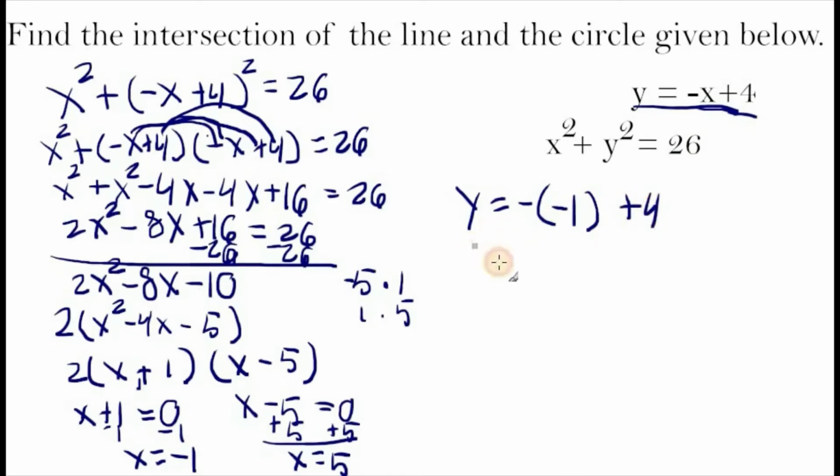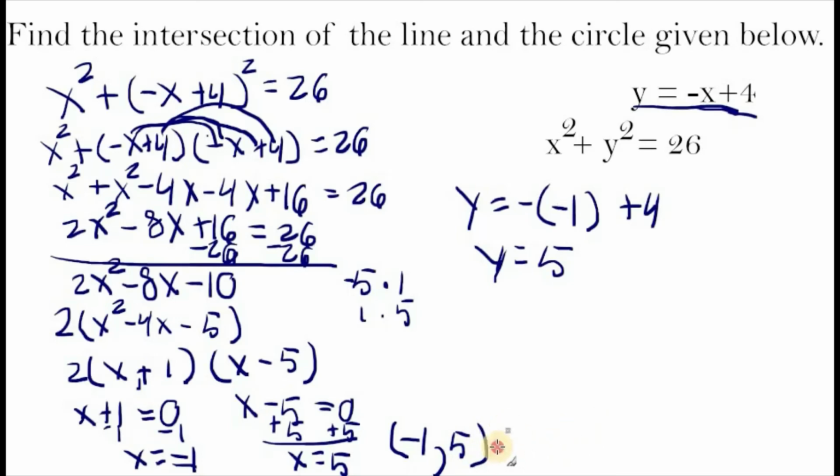Now we'll go through and solve this. y is equal to negative times negative will equal positive. So -1 will change to a positive 1, plus 4 will equal 5. So y is equal to 5. So there we found our first intercept. We're going to take this, the x we used to substitute for, put -1, and then our y coordinate should be 5.